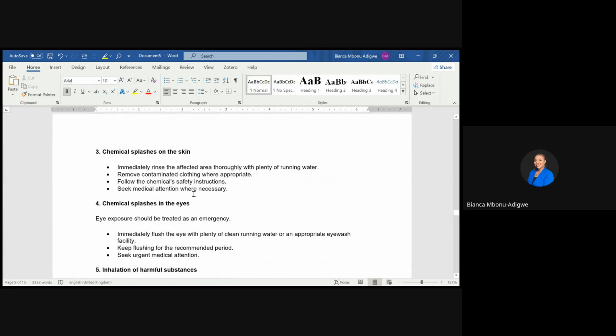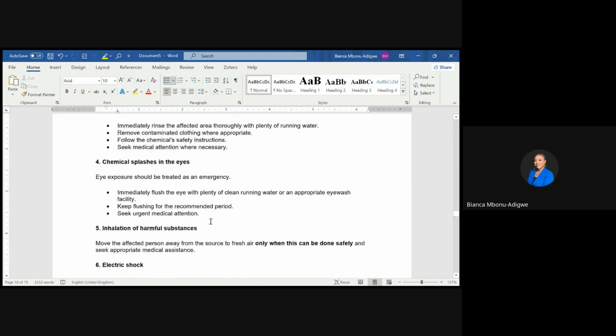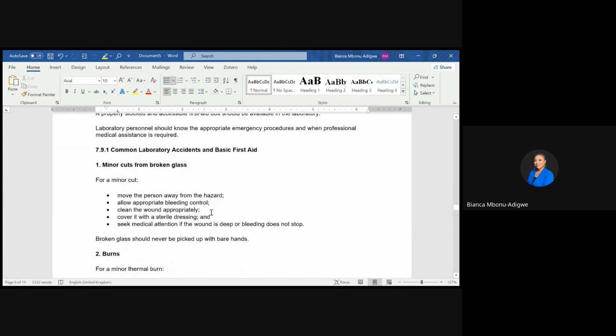Burns. So these are some of the chemical hazards, some kind of first aid that you can give. So I'll probably send this to you, but I need you to pay attention to them. As a teacher, what are the common laboratory accidents and basic first aid that you can give?